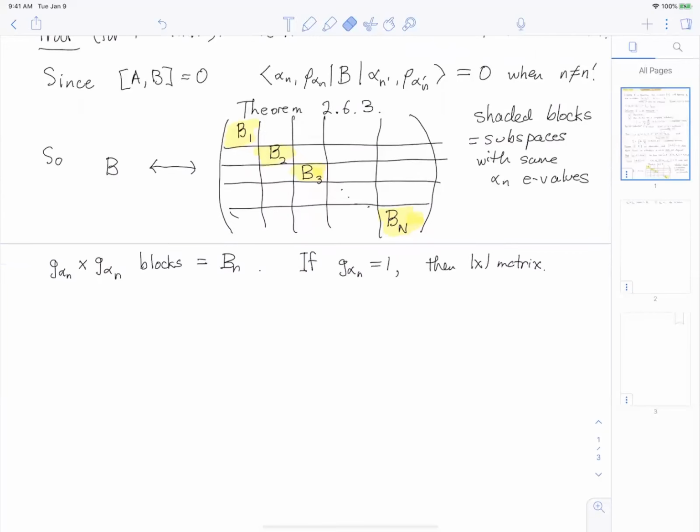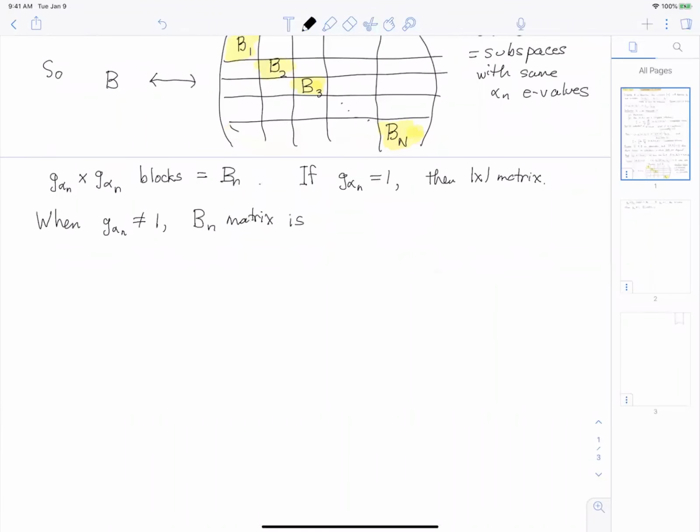So when g_αn is not equal to 1, what does the block matrix look like? To understand that, we can look at the matrix elements ⟨α_n, ρ_αn|B|α_n, ρ_αn'⟩.